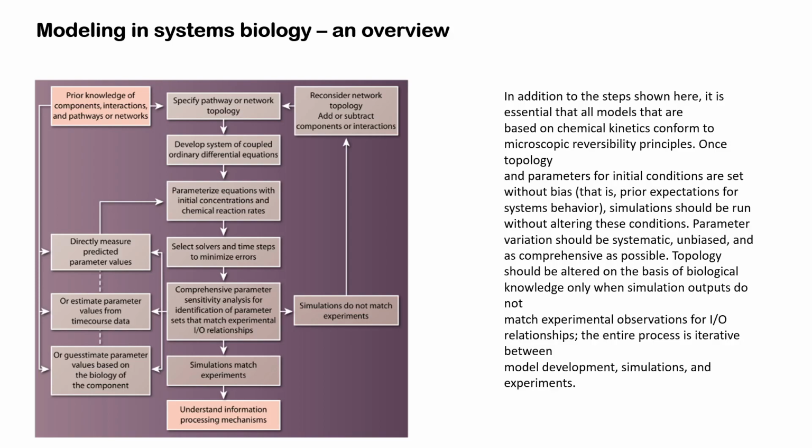You try to answer these questions with the help of modeling. For your model you need prior information about the components, interactions, and the pathways or networks, whatever you are dealing with, and then you specify a pathway or network topology, and you develop a system of coupled ordinary differential equations from that network or pathway.